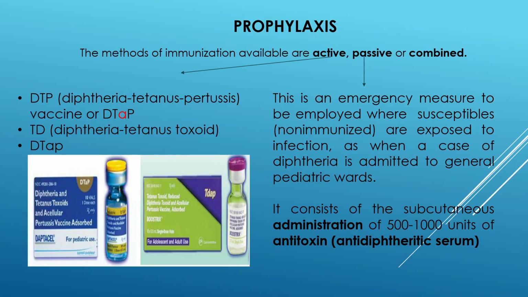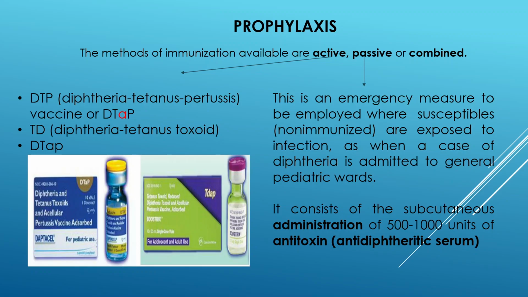Prophylaxis. The methods of immunization available are active, passive, or combined for prophylaxis of diphtheria. For active prophylaxis we use the DTP vaccine, diphtheria, tetanus, pertussis, or DTaP.